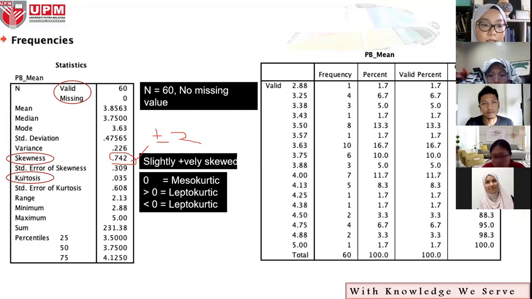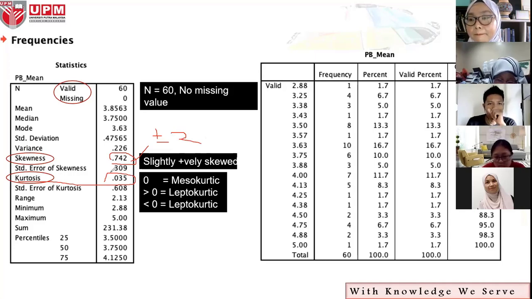Now kurtosis. The cut-off point for kurtosis is plus minus 7. Based on the data, it is 0.035. Larger than 0 is leptokurtic, less than 0 is platykurtic.